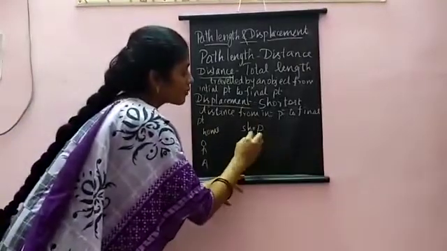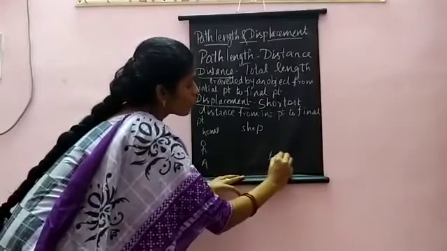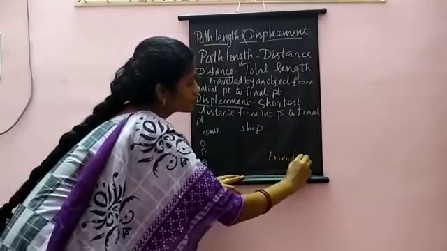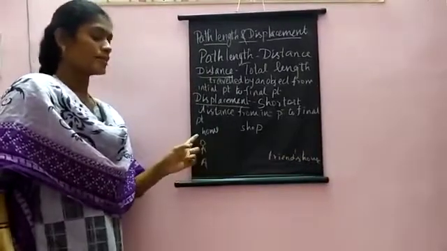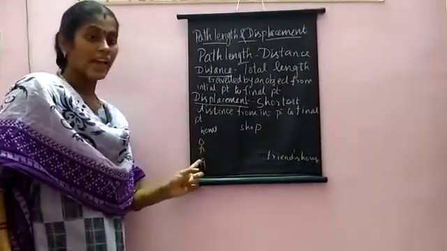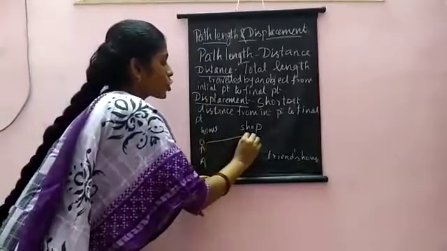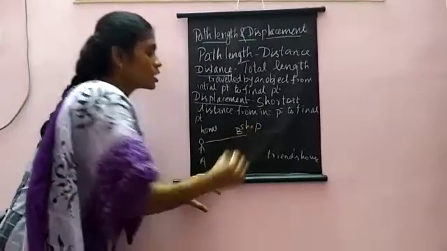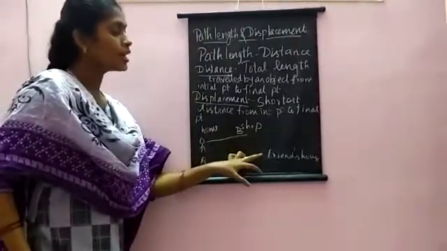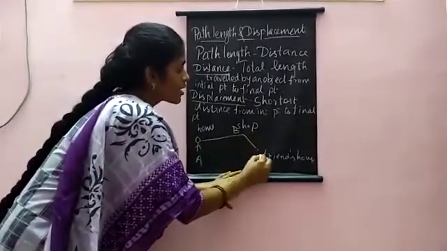Again from the shop, he reaches his friend's home. The person starts from the home, point A, he reaches the shop, which we take as position B, then he reaches the friend's house, which we take as position C.